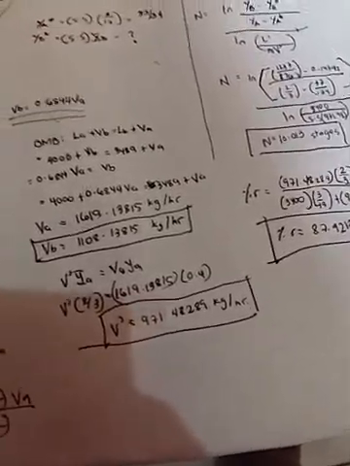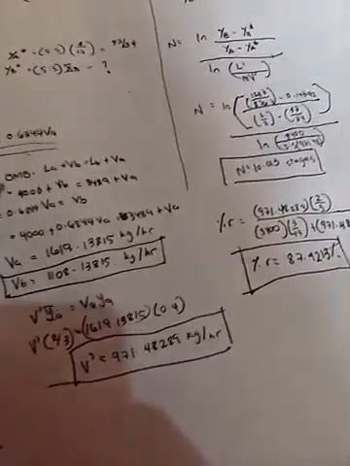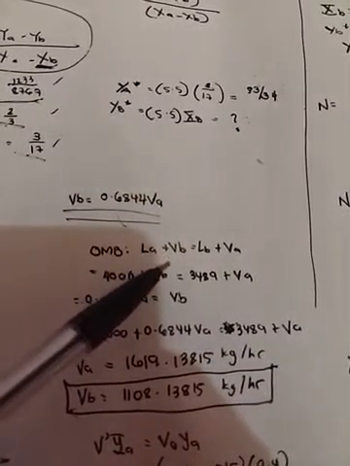So using the overall material balance, LA plus VB is equal to LB plus VA.